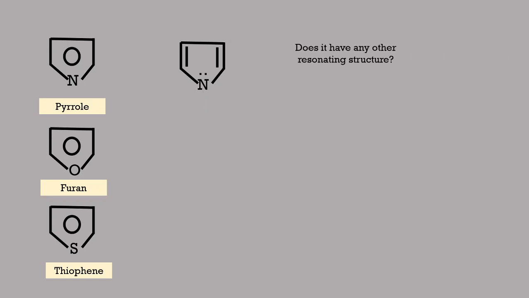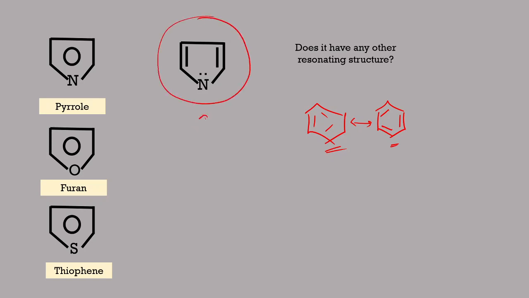So does it have any other resonating structure? Like in benzene, we have one resonating structure like this, and the other resonating structure has double bonds at the positions where you had single bonds before. So like this, you can draw two resonating structures. Can you draw another resonating structure for this molecule? Can you change the position of double bonds?